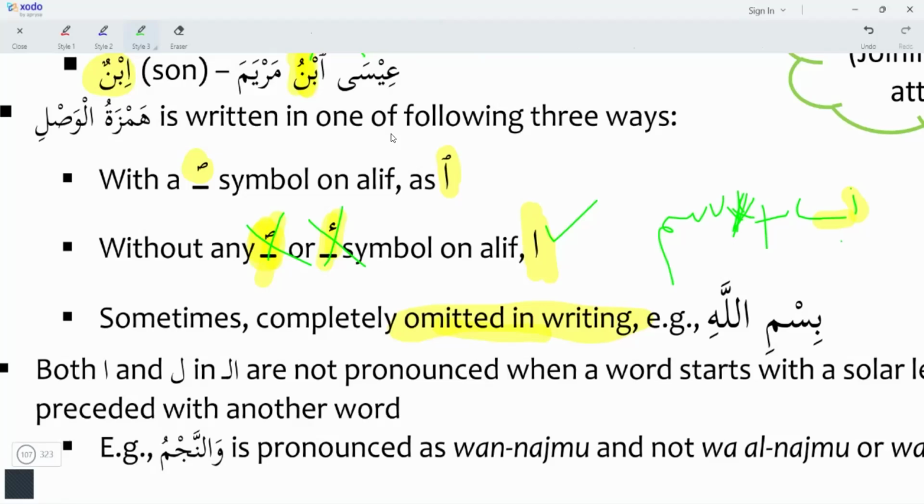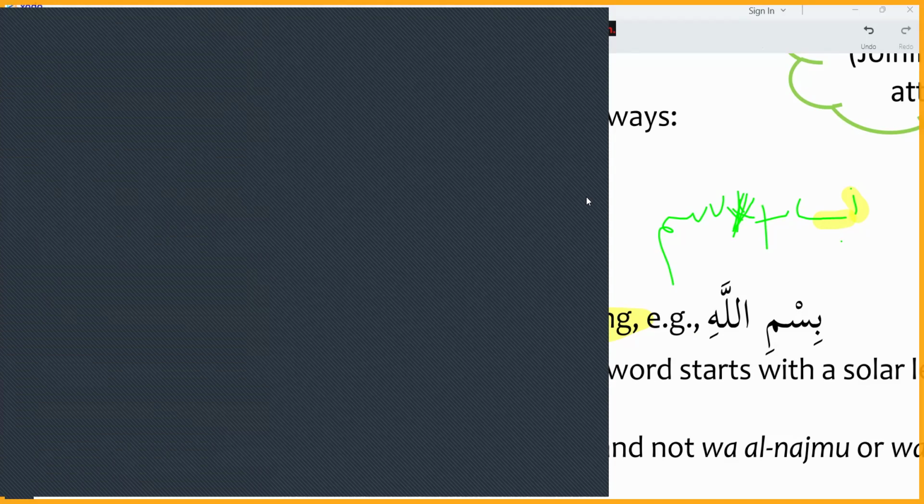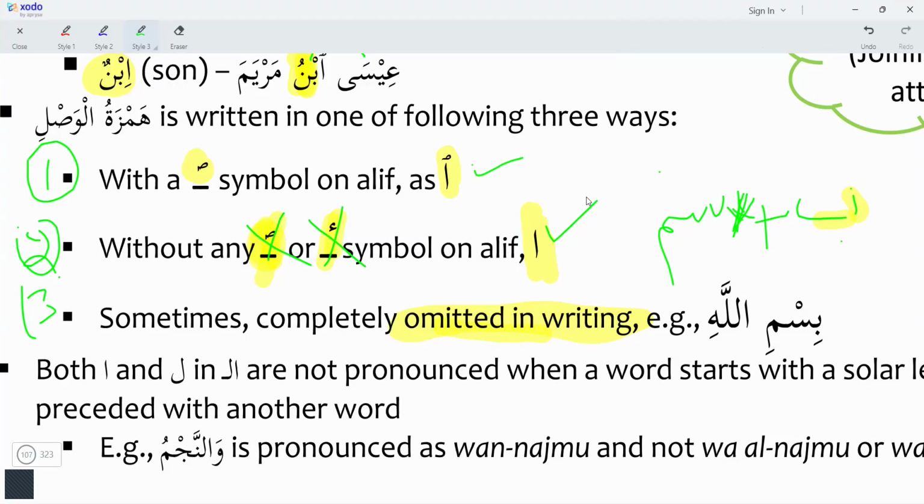We don't pronounce and we don't write it. It becomes Bismillah. So these are the three ways. In the first, there is a symbol. In the second, there is no symbol. And in the third way, we completely omit this Hamzatul Wasal.